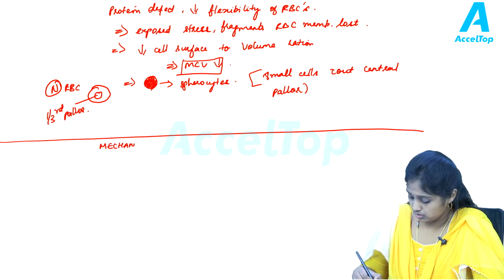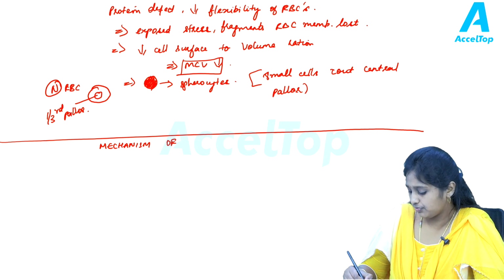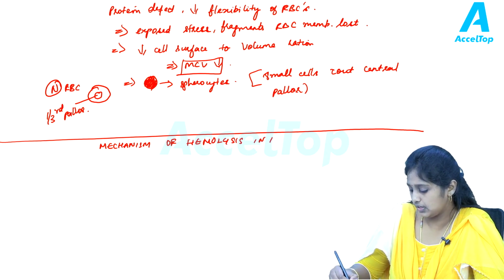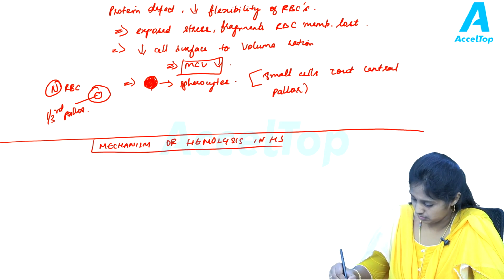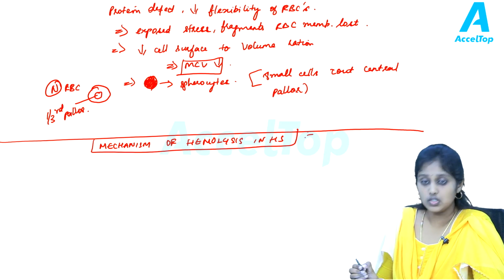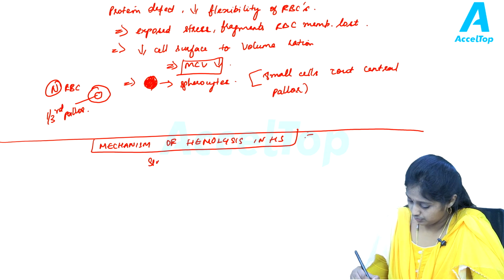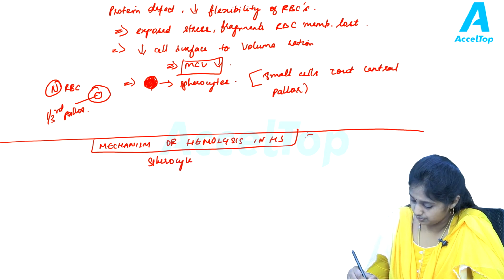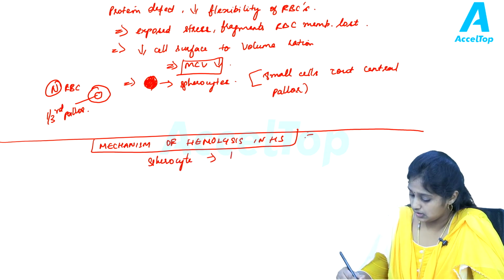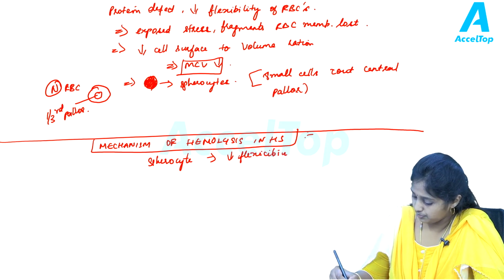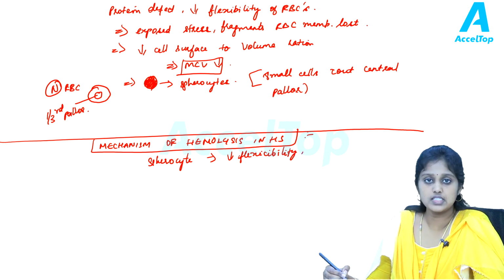Moving on to the mechanism of hemolysis in hereditary spherocytosis. What happens when the cells become spherocytes? The flexibility and deformability of the red cells are lost.